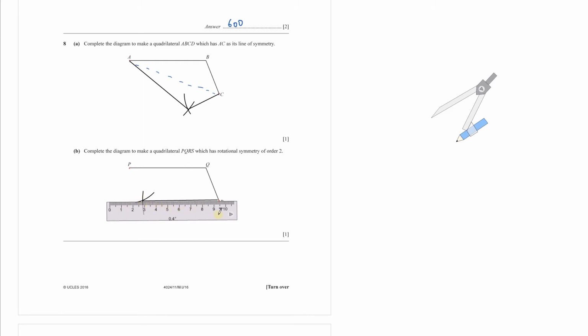So this will start here up till this point, and then I also have to draw PS, which would be this line here, right here. So this is your parallelogram PQRS. So this point would be S, and parallelograms have rotational symmetry of order 2.